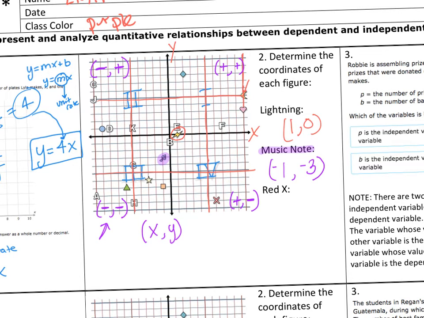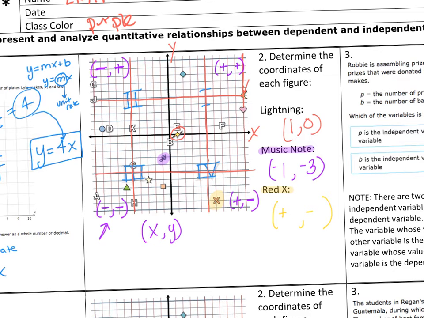Now let's look at the red x. The red x I'm going to highlight in yellow. And I know that in the fourth quadrant, my x value is positive and my y value is negative. I can also tell because when I go on the x-axis to locate the x, I have to go in the positive direction. 1, 2, 3, 4, 5, 6.